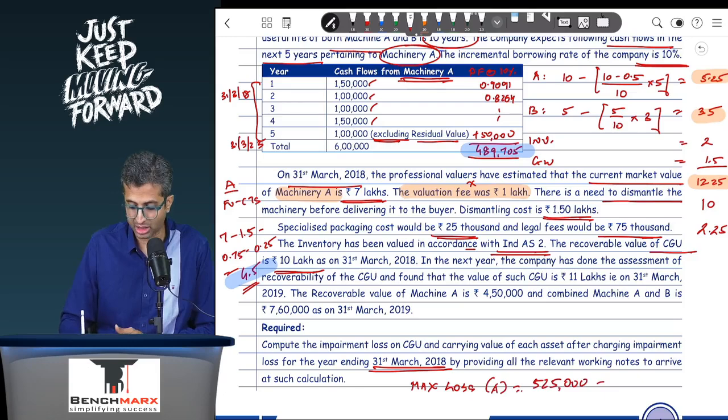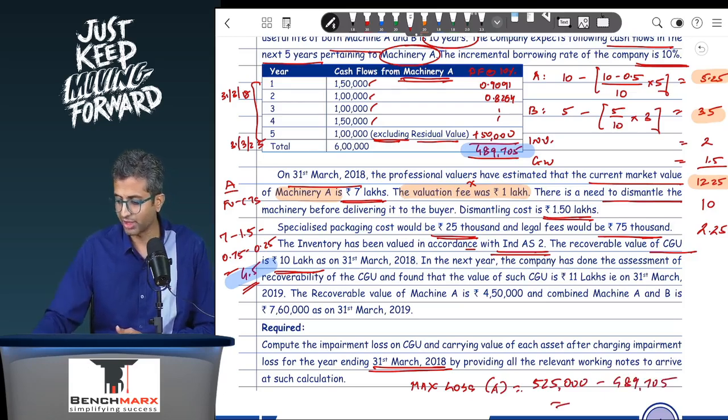At least it will give you 4,89,705, and as a result 525 minus 4,89,705 will probably come to 35,295.